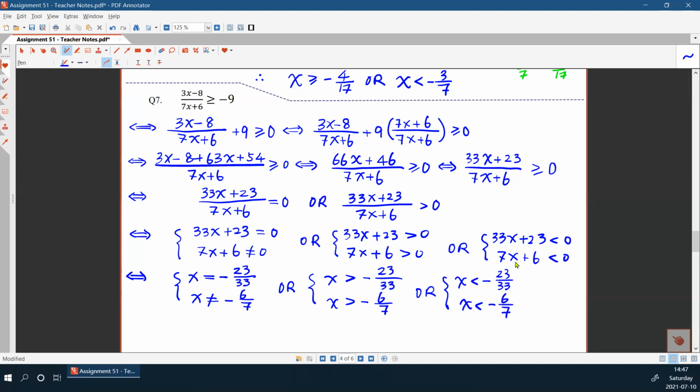Now we need to compare these two numbers, which is larger, right? First number is about minus 0.6, something. Second number is about minus 0.8 something. So which number is larger?